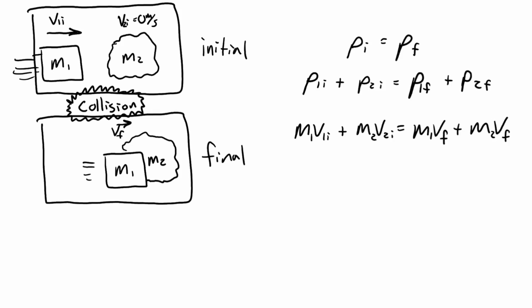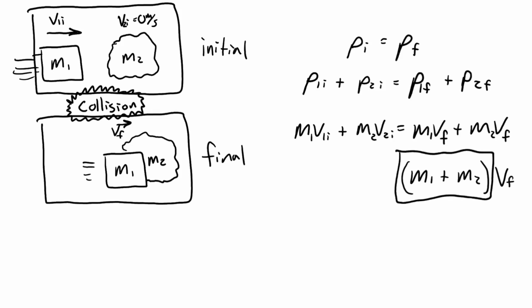Now we have a VF here and a VF here. So what we could do is rearrange our formula. We could call this M1 plus M2 times VF. We could take that VF out. You might see your math teacher doing that a lot. And the beauty of that is, look at the math, look what we just did. We're combining the masses together, just like we're combining the masses together over here.